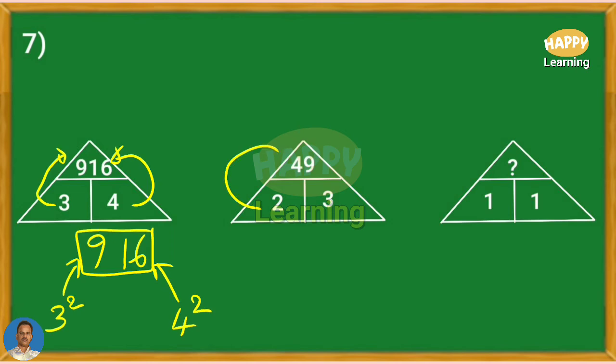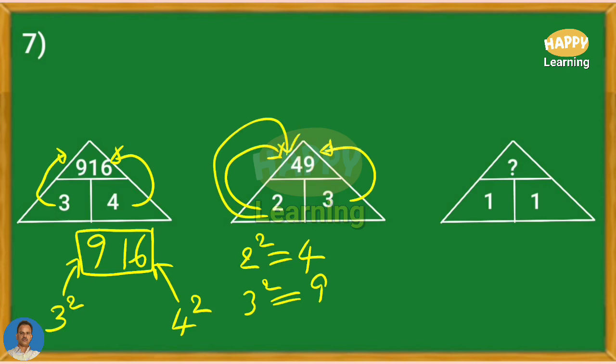2 square equal to 4 and 3 square equal to 9. So this is satisfied. The left hand side value is the square of this 2, right hand side value 9 is the square of 3. So 2 square 4, 3 square 9. So we got 49.